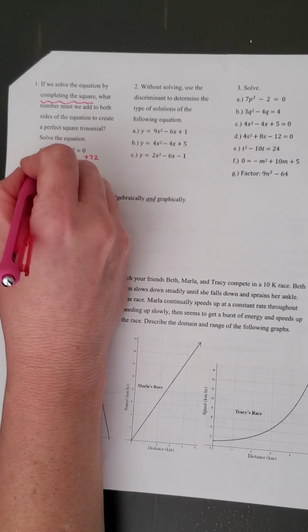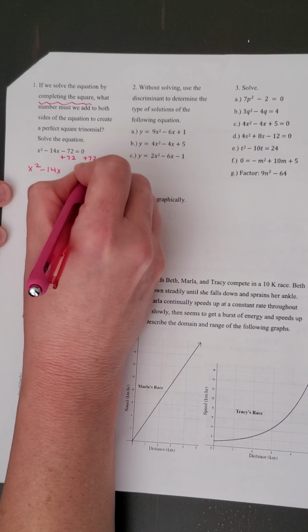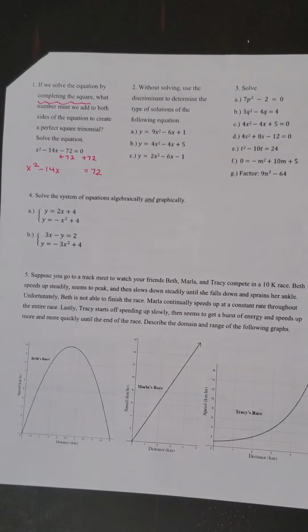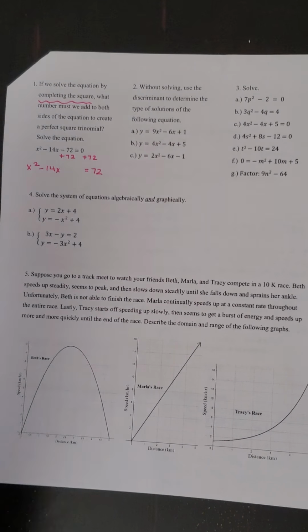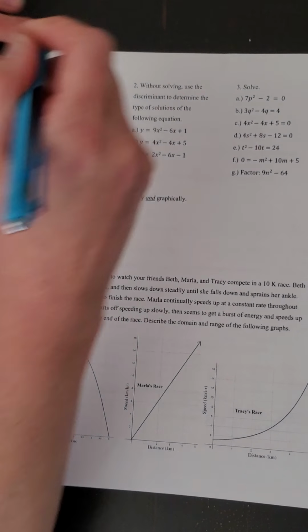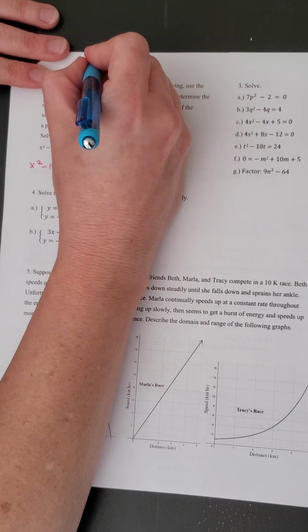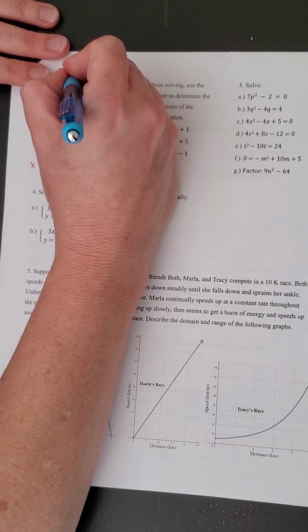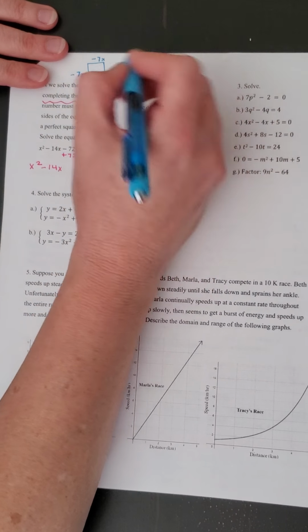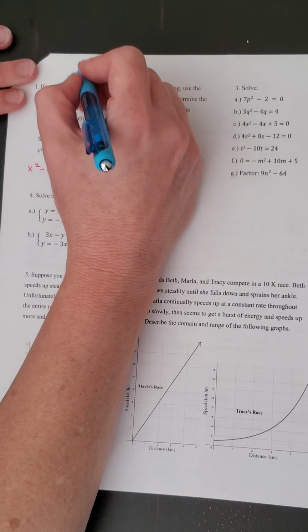And so we get x squared minus 14x equals 72. And then we would take our b, our x's, and we're dividing those into two pieces because we want a perfect square. Like if you can think of a little Punnett square, I would want -7x's here and I'd want -7x's here. And then when I multiply those back, I would get 49.